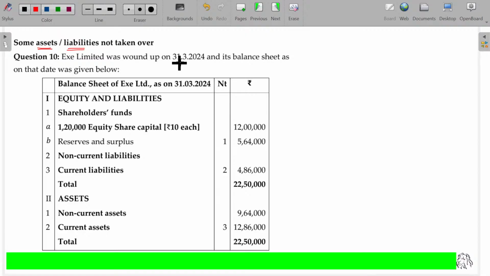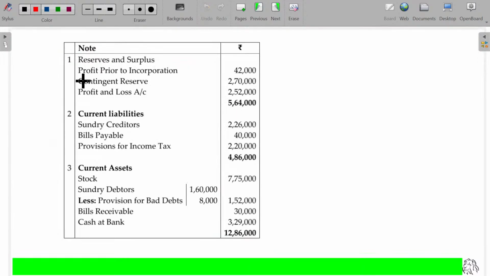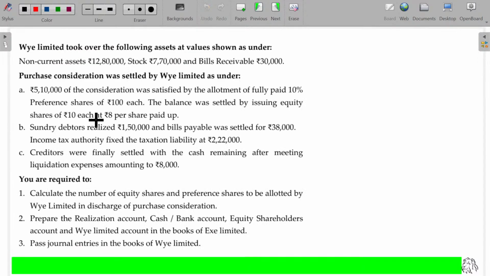X Limited was wound up on 31st March 2024 and its balance sheet as on that date is given below, and notes to accounts are also given. Y Limited took over the following assets at the values shown below: non-current assets 12 lakhs 80, stock 770, BR 30. The purchase consideration was settled by Y Limited as under: 5 lakhs 50,000 of the consideration was satisfied by the allotment of fully paid 10% preference shares of rupees 100 each.